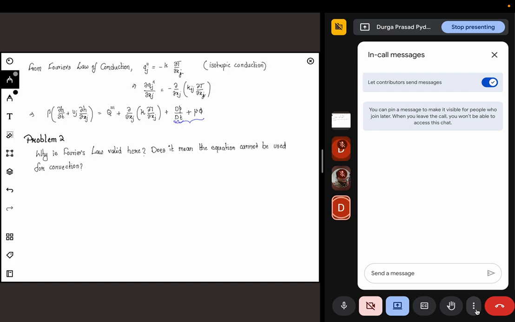Now the question here is, I'm saying that Qj double prime is minus k times del T by del x, and this particular thing is only for conduction. So I have derived my energy equation in this particular way. So does it mean, can I use it in case of convection, or is it restricted only for conduction?